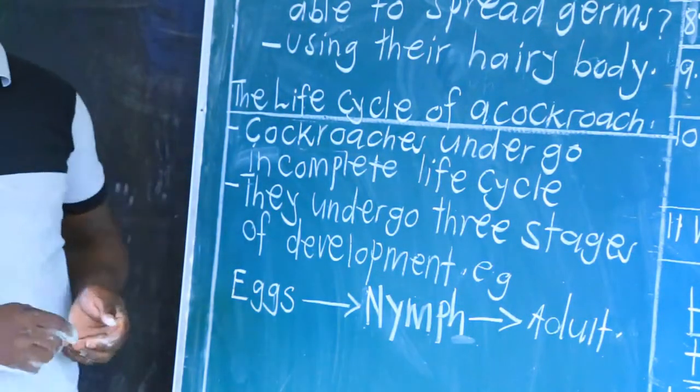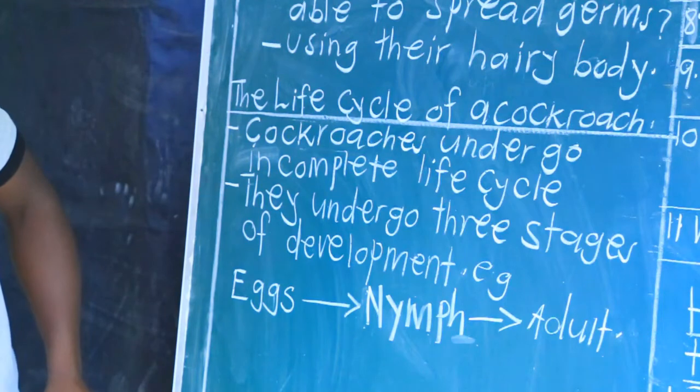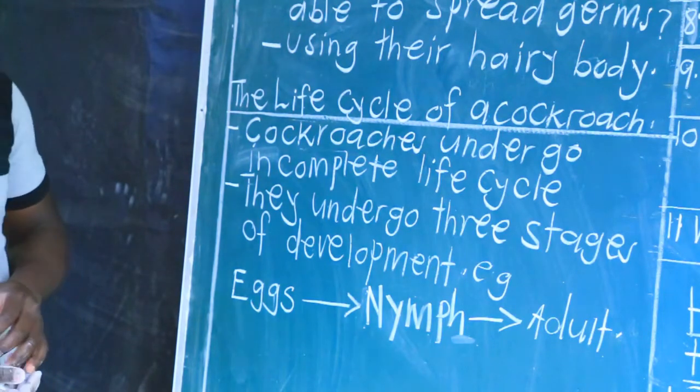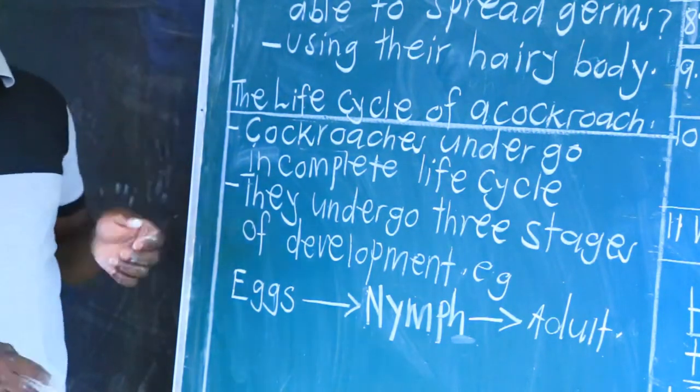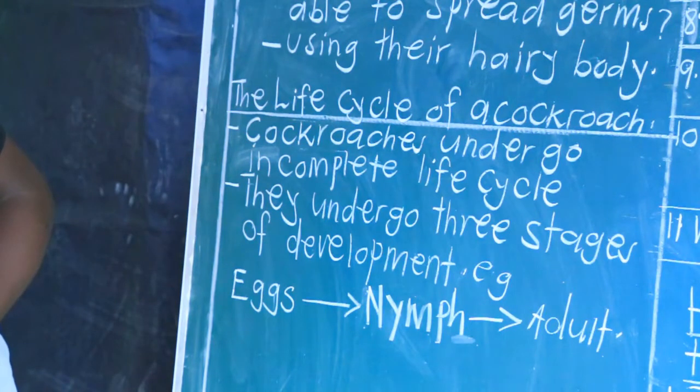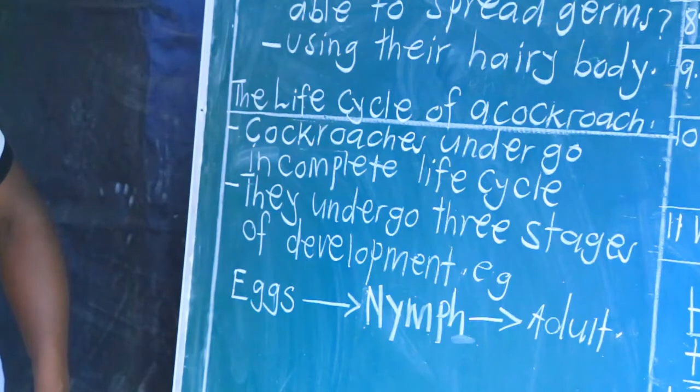If you look at your booklet on page 21, there is a diagram showing the life cycle of a cockroach.